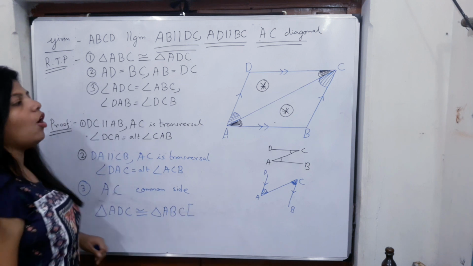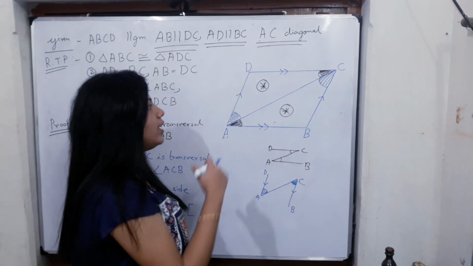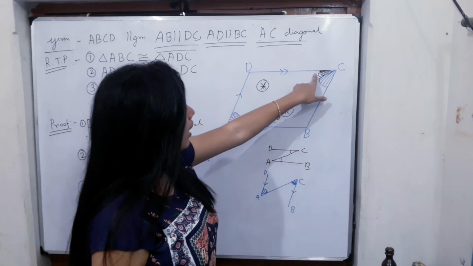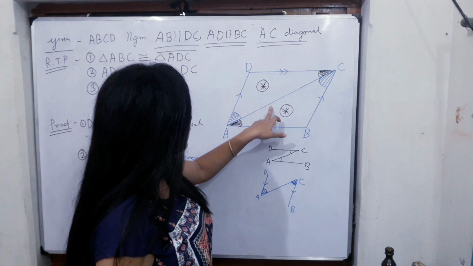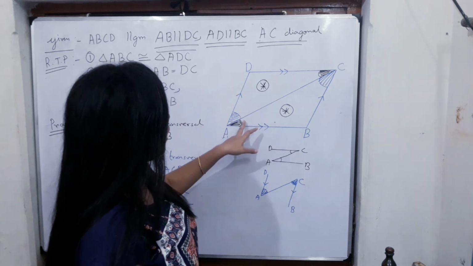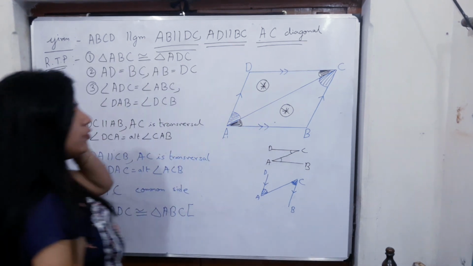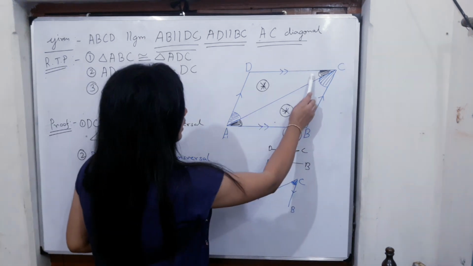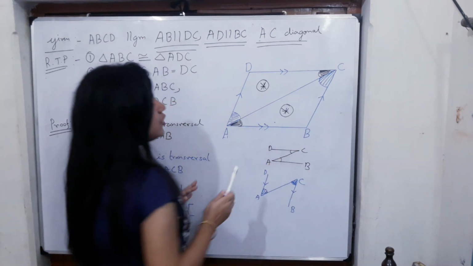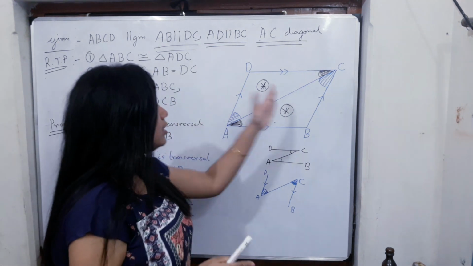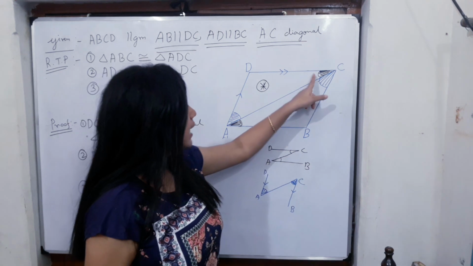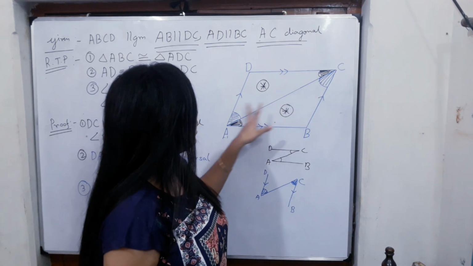Now what is the law of congruency used here? How will I get that? First I have taken one angle, one side, and another angle also. So these three conditions, two angles and one side which is included between these two angles. I will take the order properly: angle, side, angle.